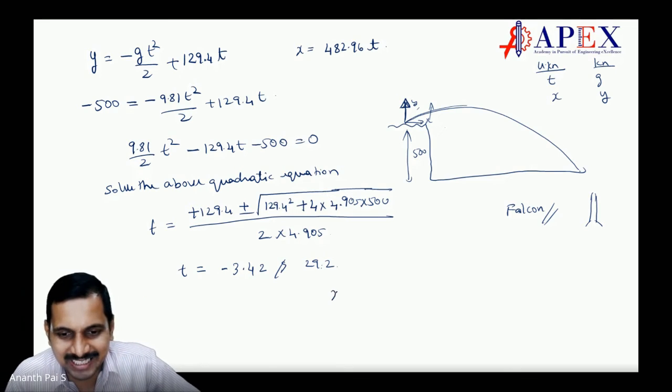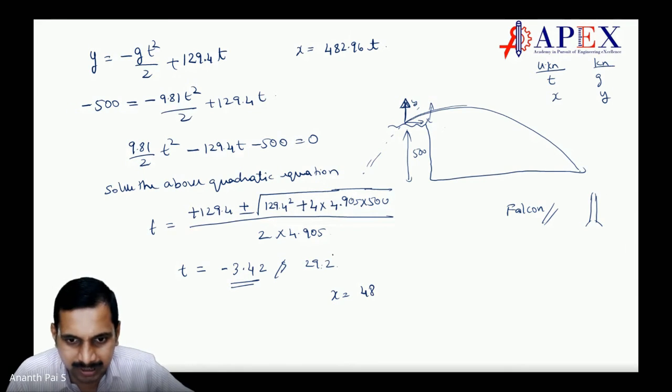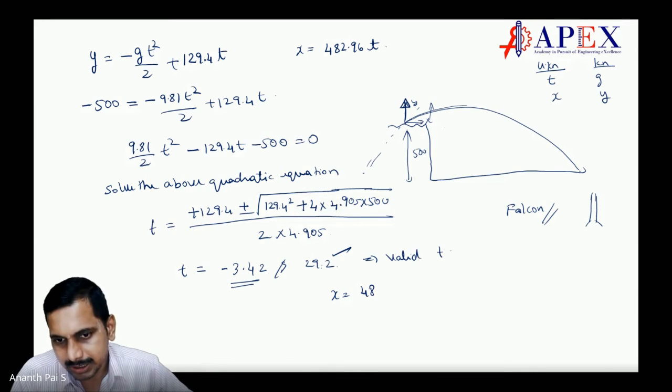So we get x is equal to 482. Why should we not take the negative value? Because negative time means it is actually counting from before the start. So the valid one is t equal to 29.2 seconds.